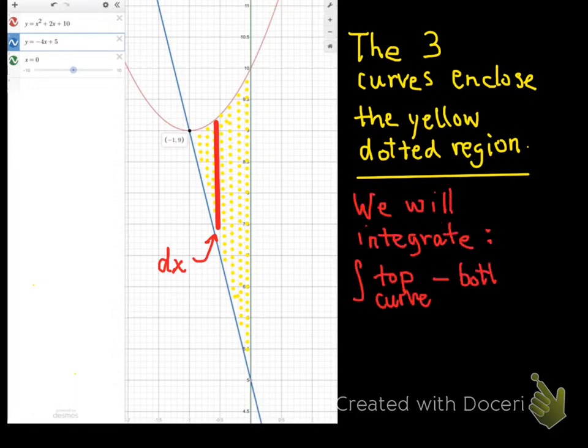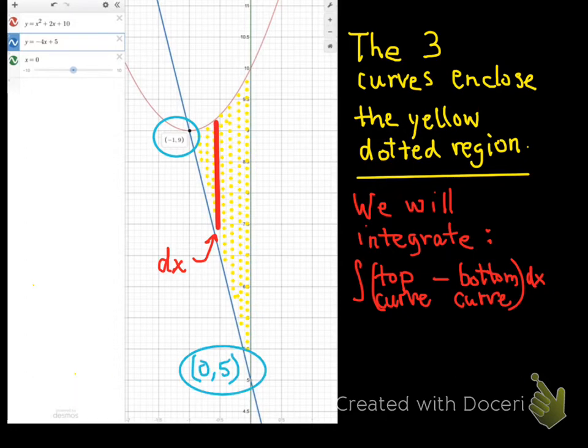So we're going to integrate the top curve, which is the red curve, minus the bottom curve, which is the blue line with a slope of negative 4. And we're going to do that from an x value on the left to an x value on the right. Specifically, the x value on the left is negative 1 and the x value on the right is 0.